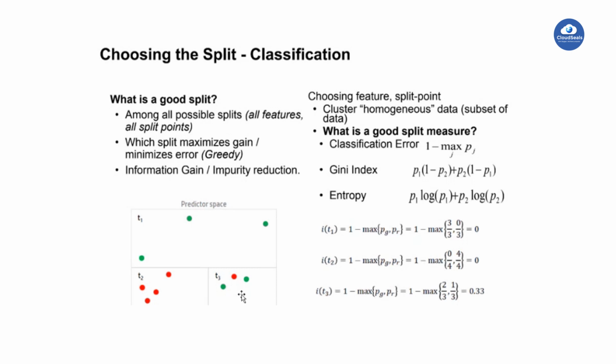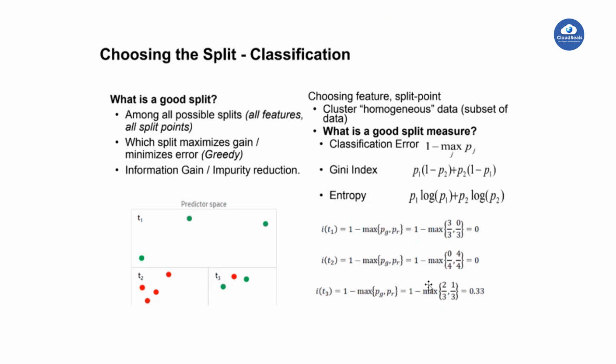Here, let's take the probabilities. The total outcomes are 3, which is why I placed 3 in the denominator. The probability of green is 2 by 3, and the probability of red is 1 by 3. 2 by 3 means 0.66, and 1 by 3 means 0.33.